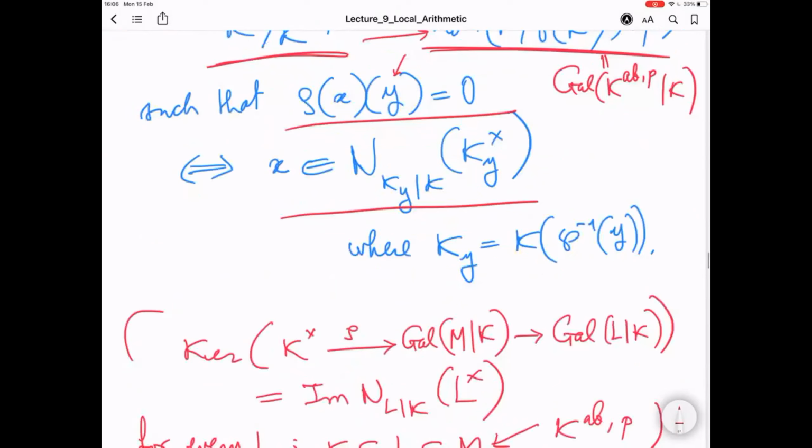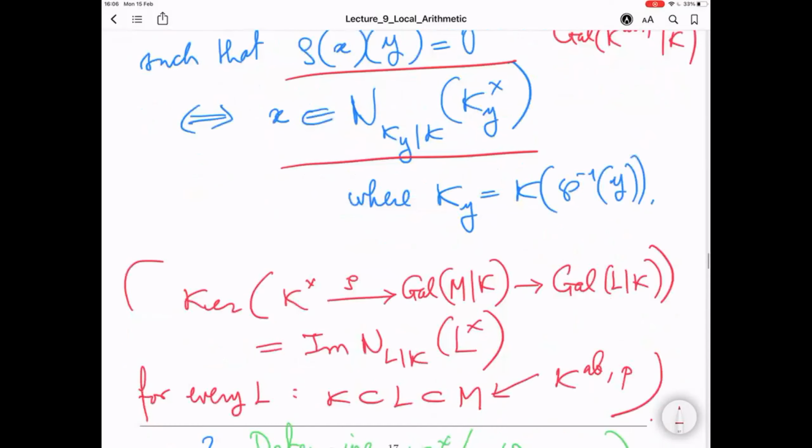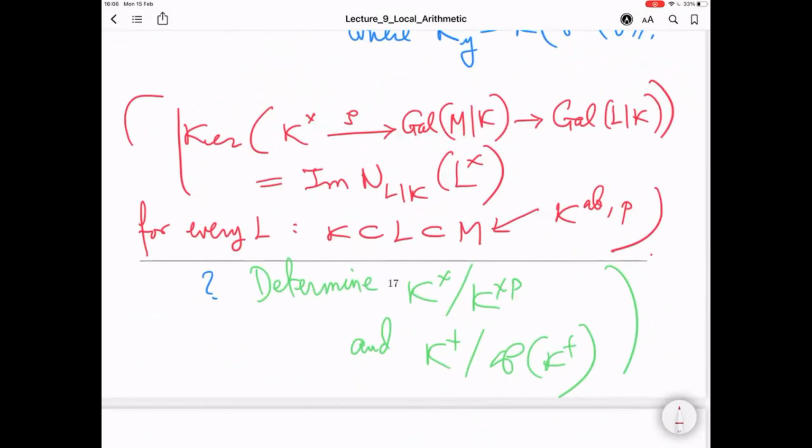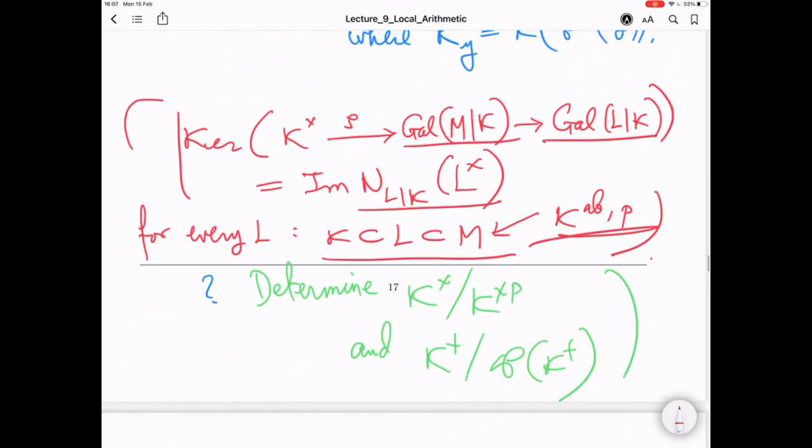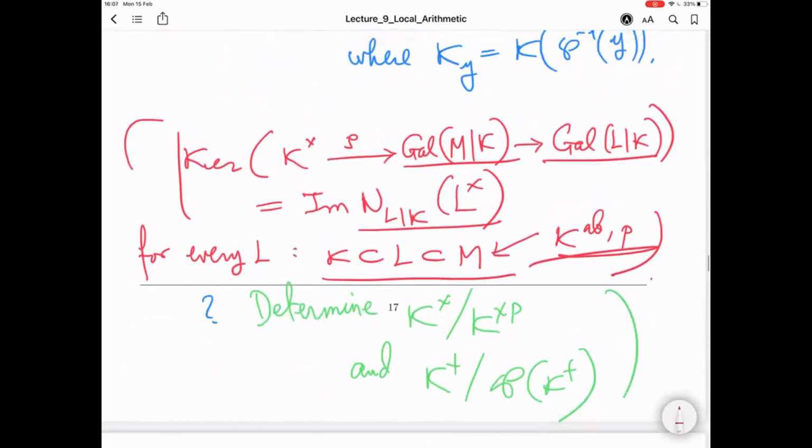So it says that the kernel of the map from K star to the Galois group of M over K to the Galois group of L over K is equal to the image of the norm map from L star to K star for every intermediate field L between K and M, where M is the maximal abelian extension of K of exponent P. Okay? So that's what this theorem will say.